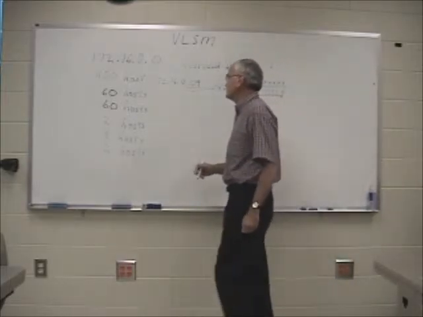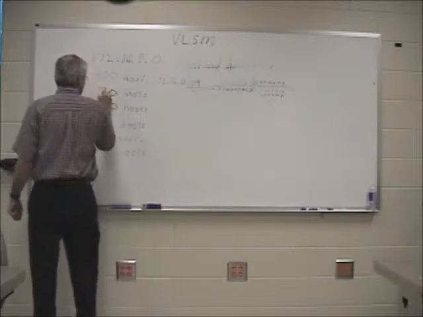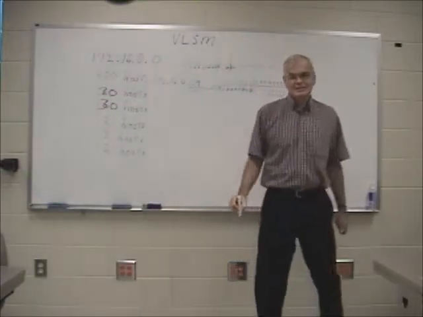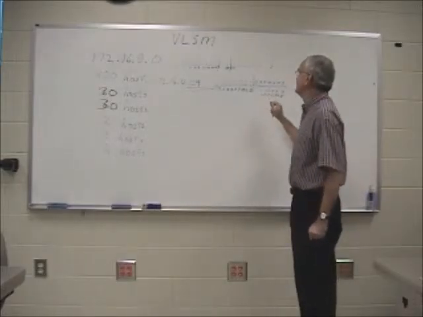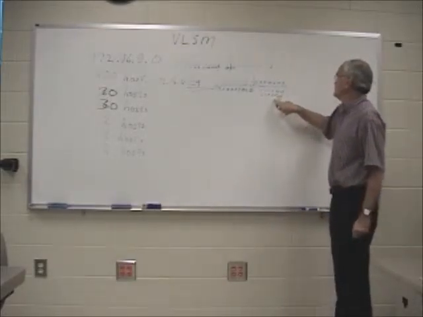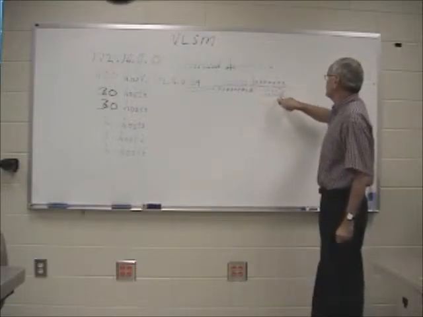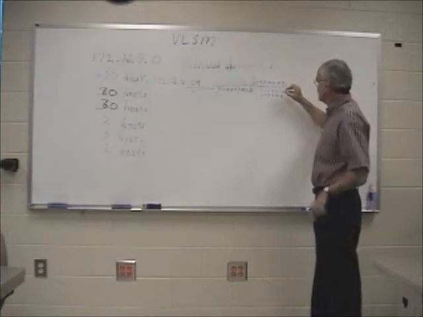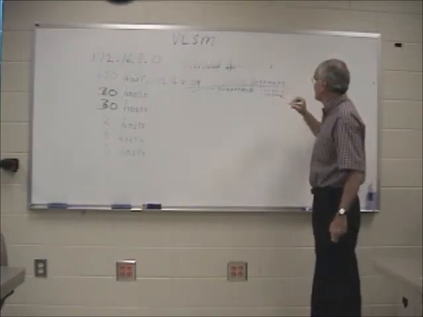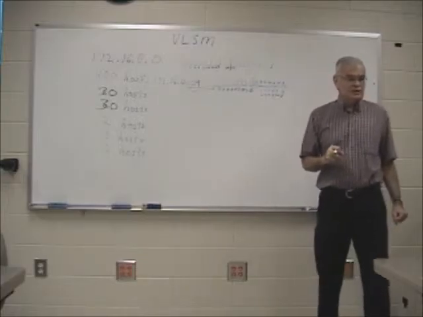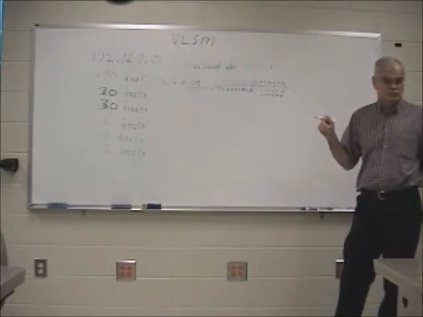No, let's cut it down again. They've each got 30 on them, in which case we can borrow 2, 4, 6, 5 bits. So we're going to borrow 5 more bits to handle these 2.